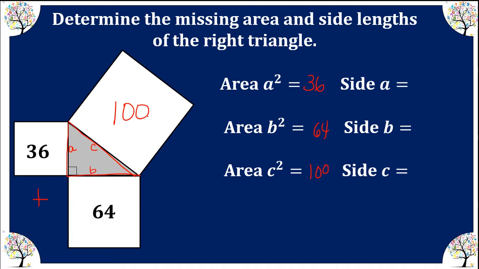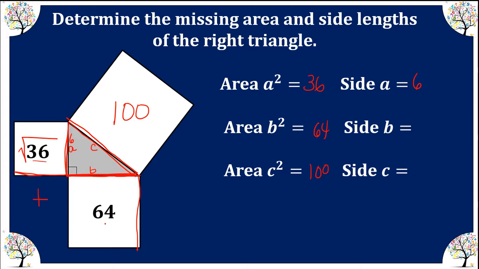Now we want to find the actual lengths of the triangle. The way that we got 36 is we squared A times A. To undo something squared, we take the square root. So when I take the square root of this area of the square, I'm going to get a length of 6. So A is 6 units tall. Then the way we got an area of 64 is we squared B. B times B gives us 64.